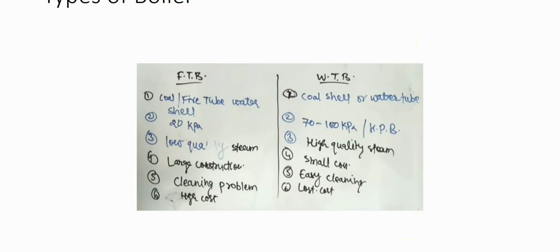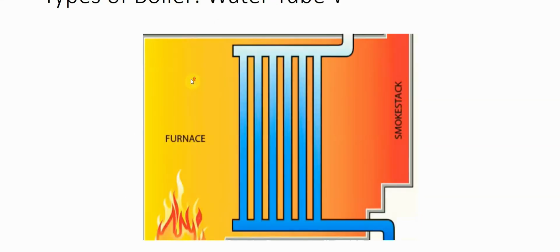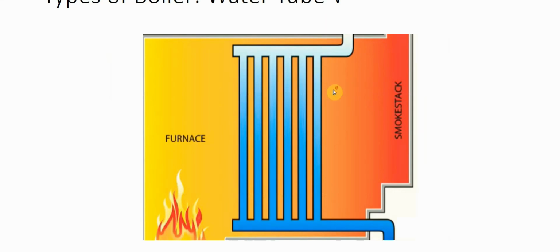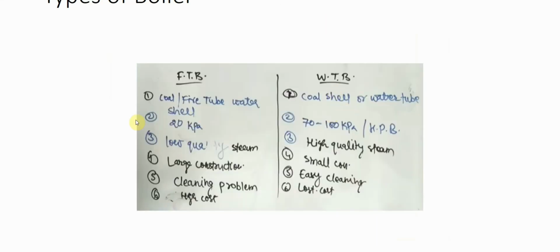And here you can see the comparison. This is the fire tube boiler, and this is the water tube boiler. In the fire tube boiler, the water shell is available, and here you can see the coal shell or water tube.